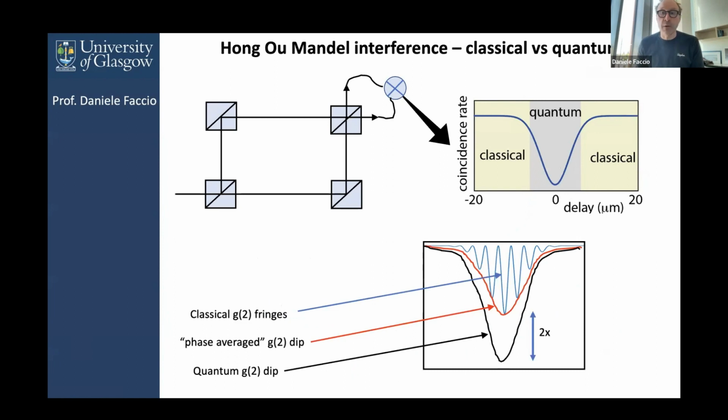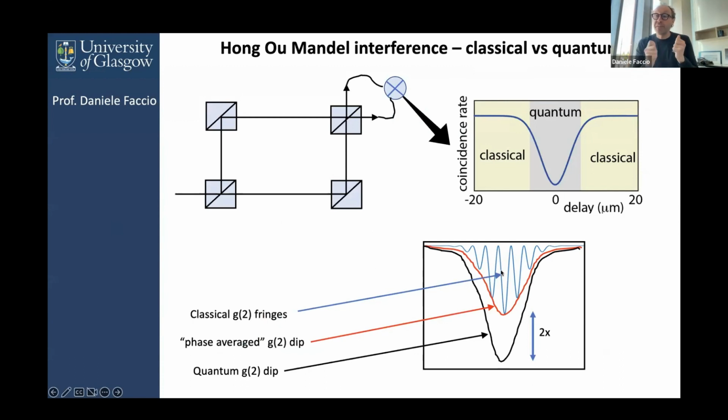Now, something that we will come back to later on is that a form of this bunching effect can appear also classically. So what I'm showing you in this bottom graph is, if I were to just send in a laser and do a classical interference measurement, the G1 interference is what gives you the standard interference fringes. But if I measure those interference fringes in G2, so I'm now looking for coincidences, I will see this blue oscillating line here.